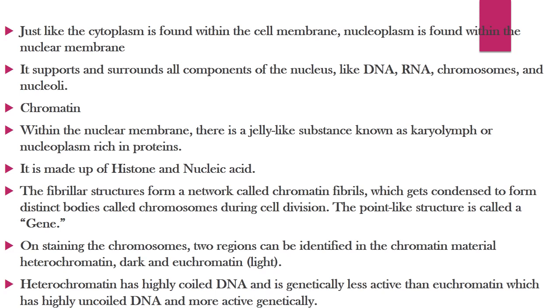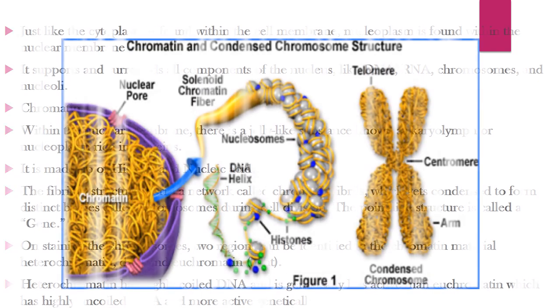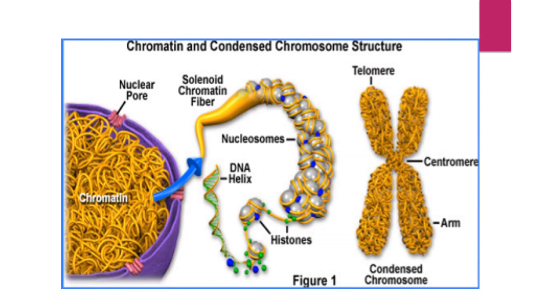Heterochromatin has highly coiled DNA and is genetically less active than euchromatin, which has uncoiled DNA and is more active genetically. This is the structure of chromatin and a condensed chromosome. You can see the DNA helix also.